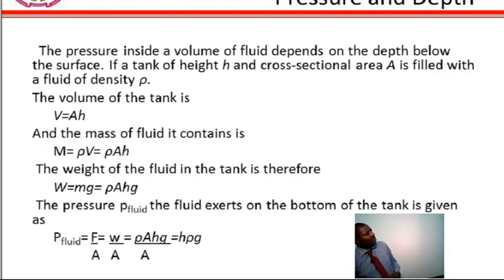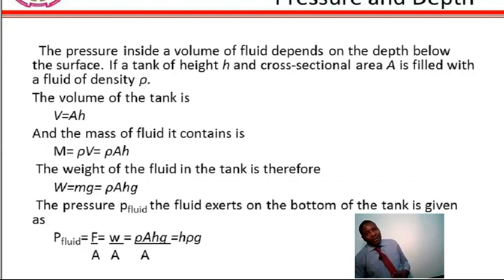The pressure in the fluid, represented as P fluid, on the bottom of the tank is given as P, as we know, equal to F over A. Then F is the same thing as weight.